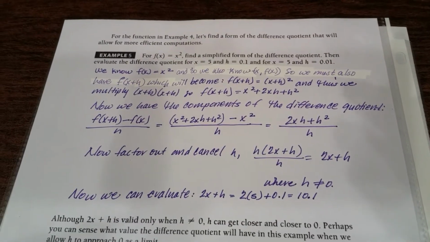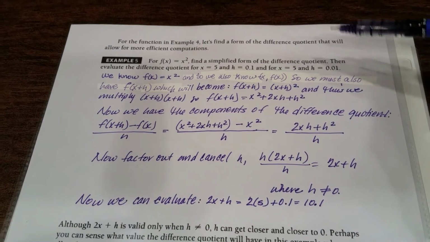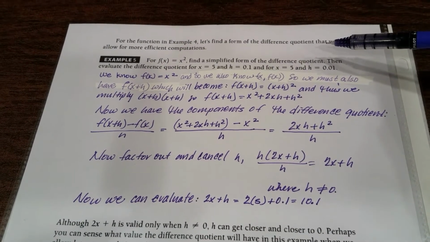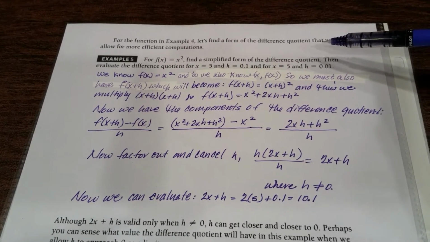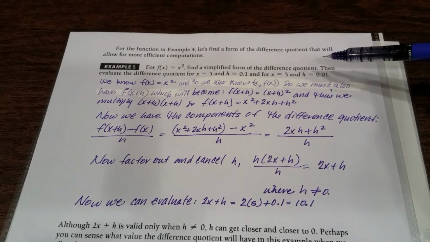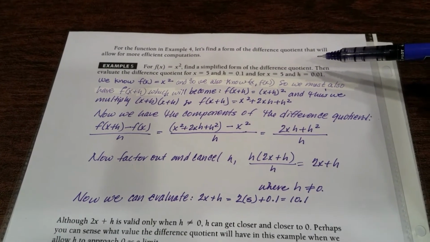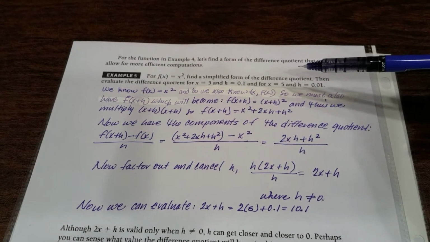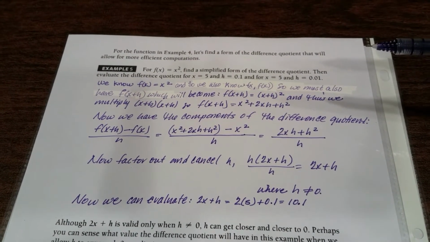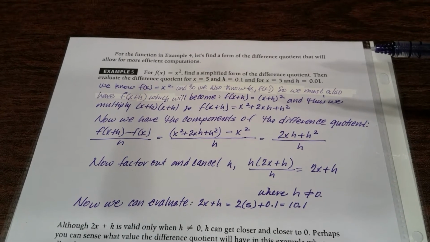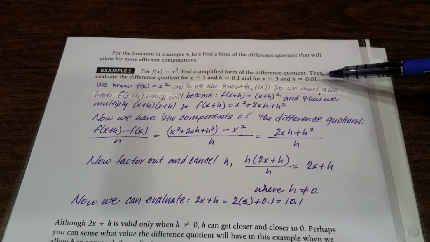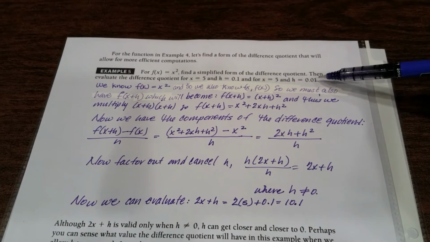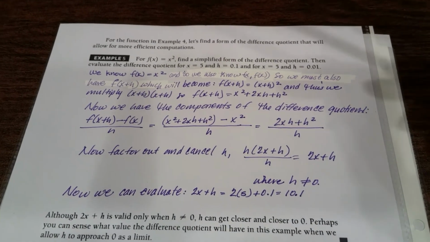Let's take a look at that, example 5, where we're going to find a simplified form of the difference quotient and then evaluate the difference when we have x equals 5 and h is equal to 0.1. Okay, and we've also got one for when it's 0.01, but I'm going to leave that one for you, okay?